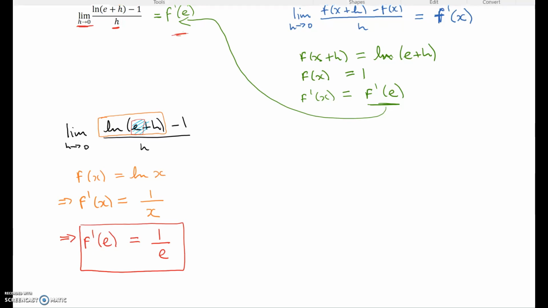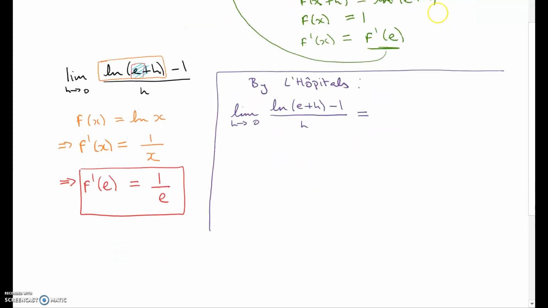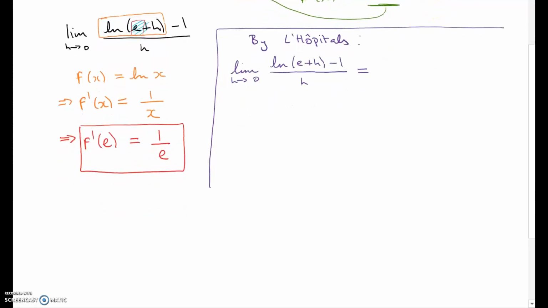Now, let's do it by L'Hopital's rule. And again, in an exam situation or a pressure situation where you're worried, L'Hopital is absolutely fine to go with. So remember, the first thing about L'Hopital is that you have to get 0 over 0, or infinity over infinity as well, but it's mainly going to be 0 over 0 for these questions.